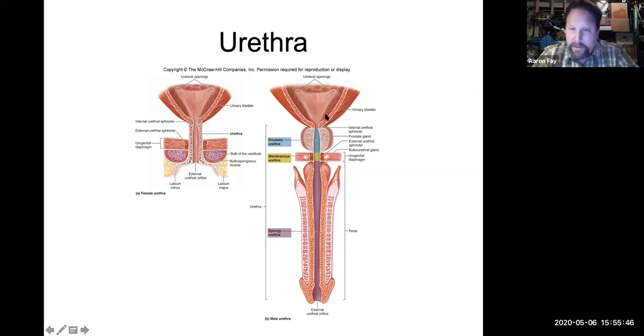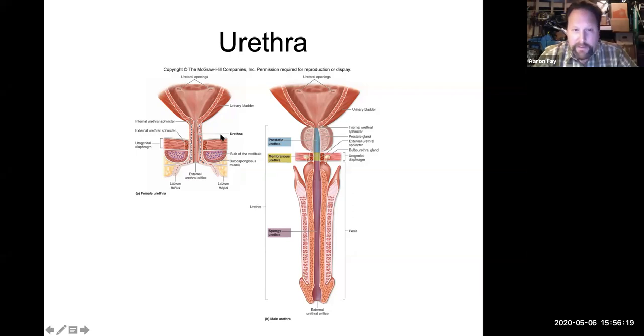So in men, the urethra is how urine is going to leave the bladder and go out the body. It is also how semen is going to leave. It's complicated, but basically it originates in the testes, out through the prostate, and out through the penis. So the latter portion of the urethra in men is shared by the urinary system and the reproductive system. But we'll talk about that in more detail next time when we actually look at the reproductive system.